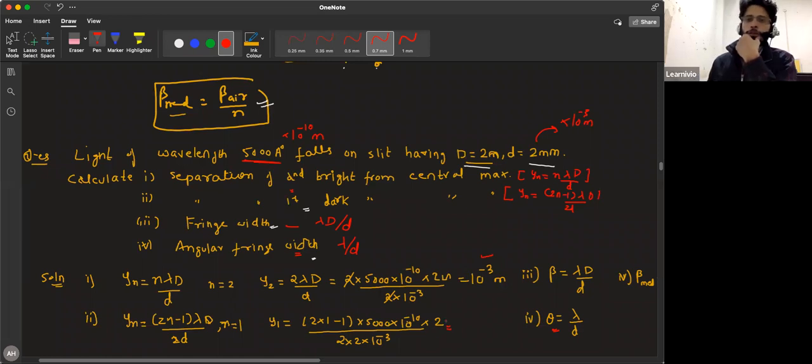When you do these calculations, this 2 will cancel this 2. So you have 2.5 into 10 raised to the power minus 10, and 3 minus 7, and 3 minus 4. Yes, Noah is correct. Nabil is also correct. Beta is lambda D by d.